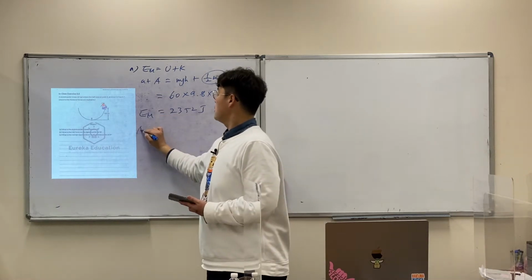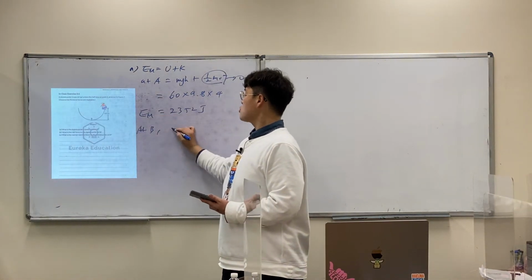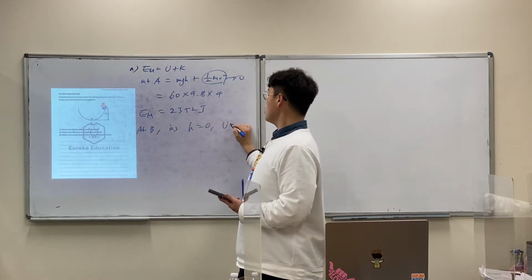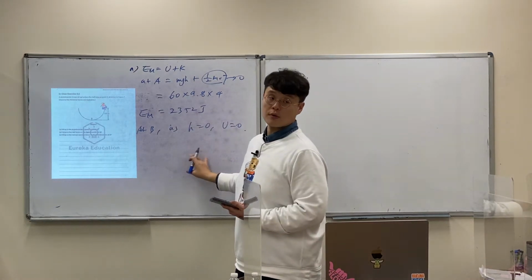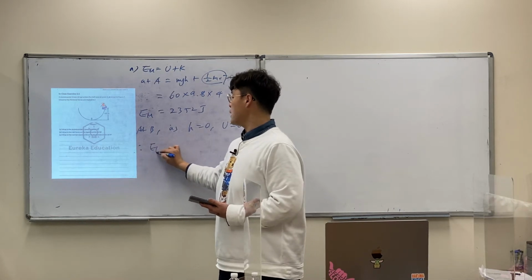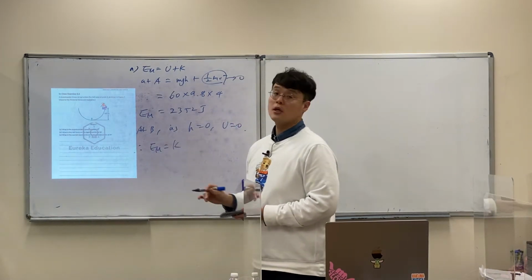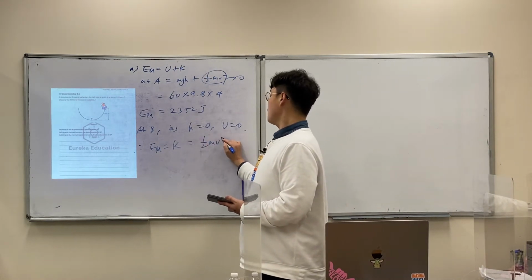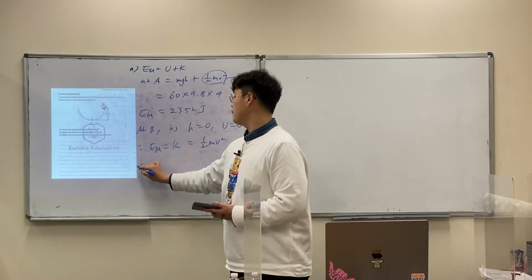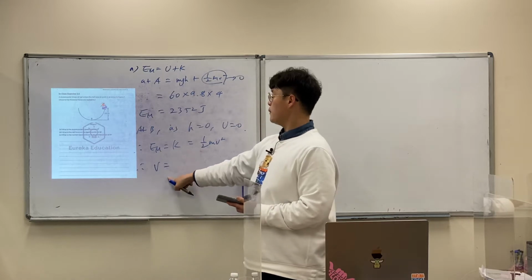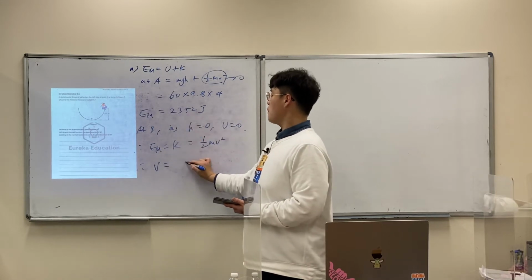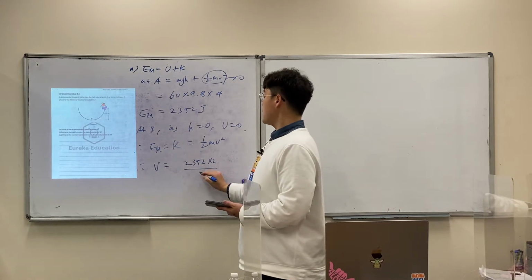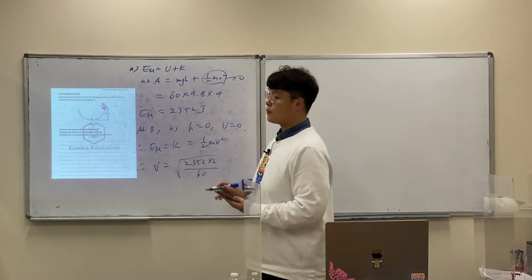So at B, the height is 0, so U will be 0 too. Therefore, we can say the total mechanical energy will be purely equal to the K, which equals half mv squared. Therefore, the velocity will be equal to the square root of the total mechanical energy 2352 times 2 divided by the mass 60.